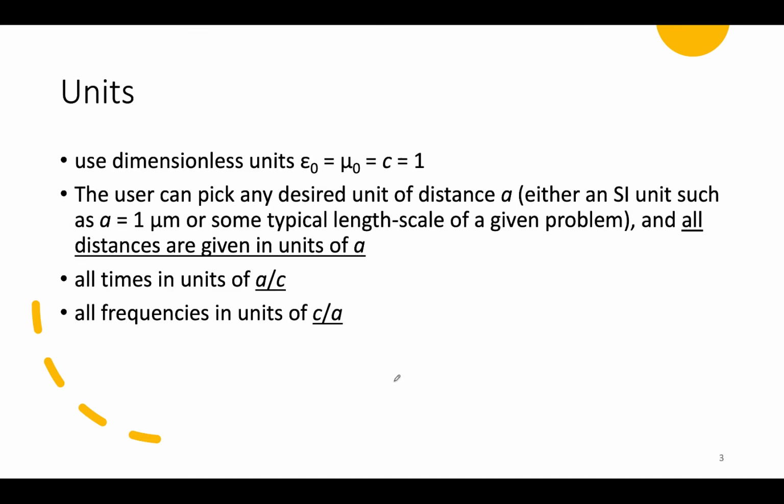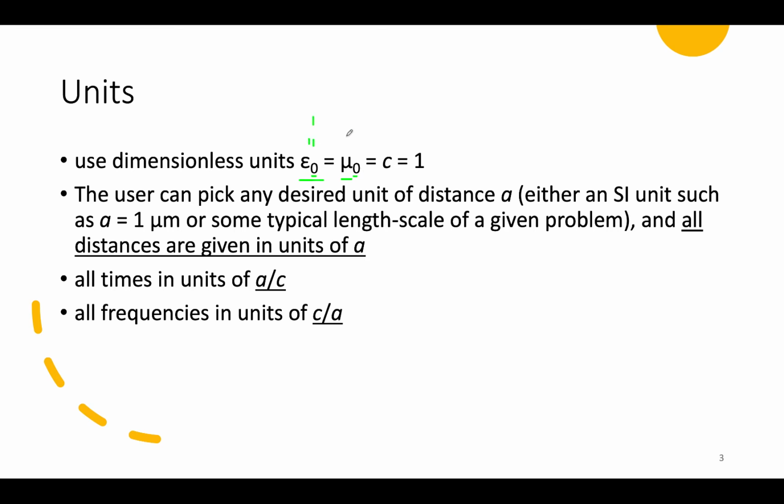When it comes to the units, Meep uses dimensionless units. That means that some units in Meep are automatically set to 1. So which are these units? Well, we have the electric permittivity and magnetic permeability constants in the vacuum that are set equal to 1.